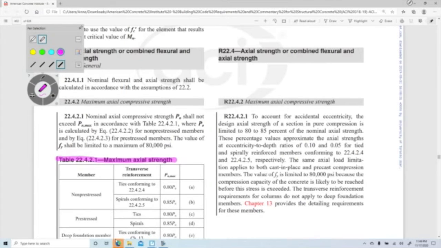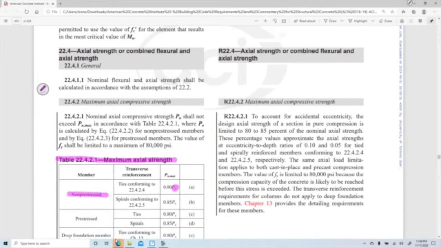We calculated this PO value already. Now, if we have ties, we're in non-pre-stressed, right? Not looking at pre-stressed or deep foundations. If we have ties, we decrease that PO that we calculated by 20%. If we have spirals, we get to decrease it by only 15%. So 0.8 or 0.85.